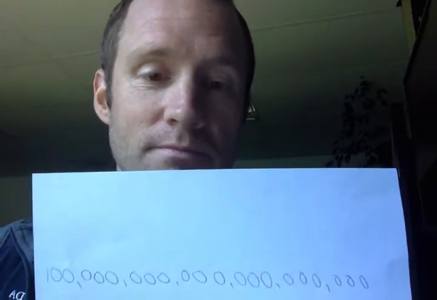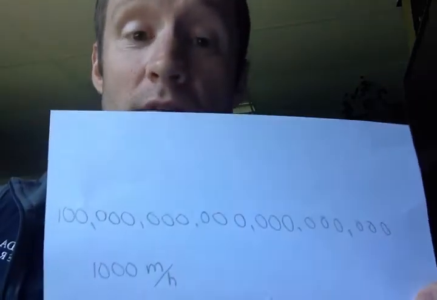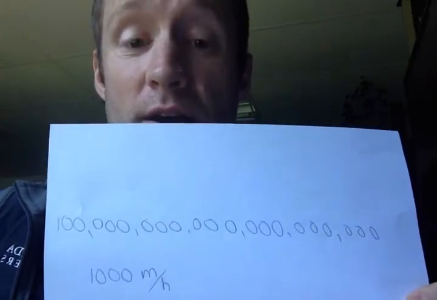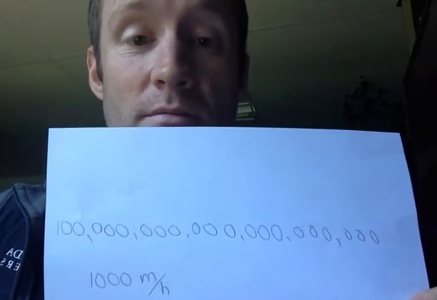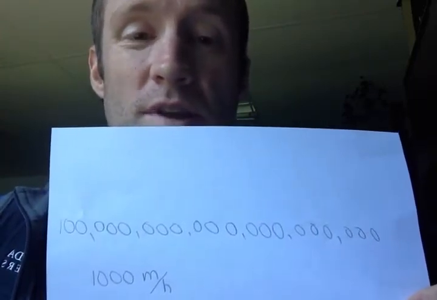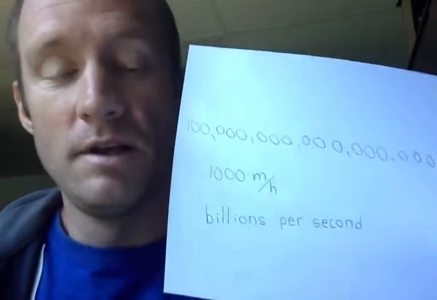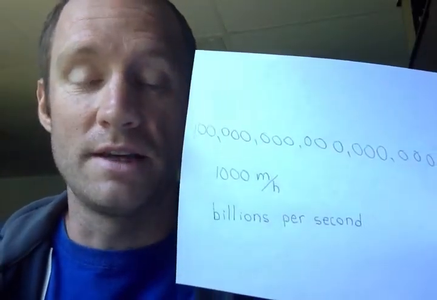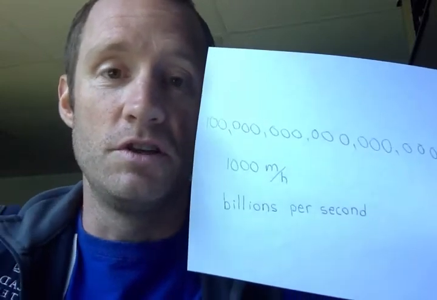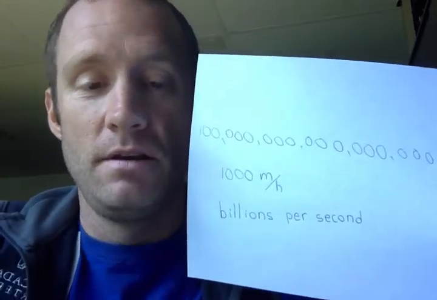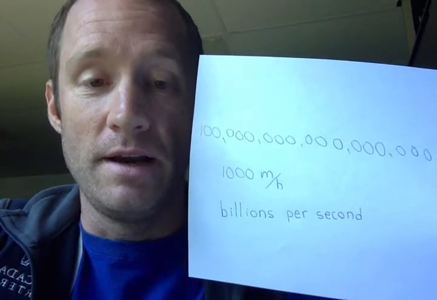That's how small these molecules are. They're moving, at least in the air that you're breathing right now, at about 1,000 miles per hour. That's faster than the speed of sound. So they are colliding with each other billions of times per second. There are billions of collisions of these molecules per second happening in front of you right now.